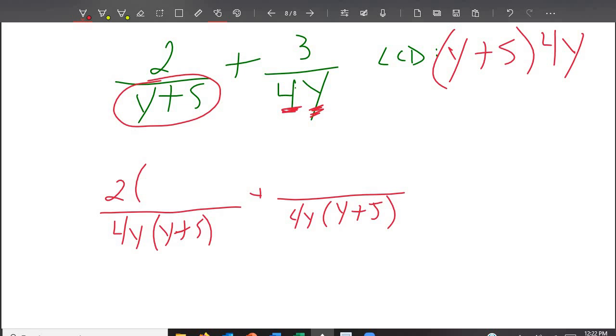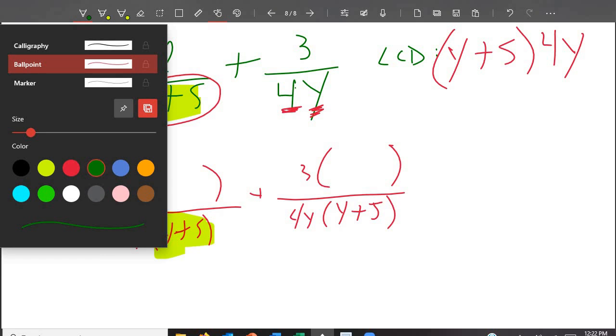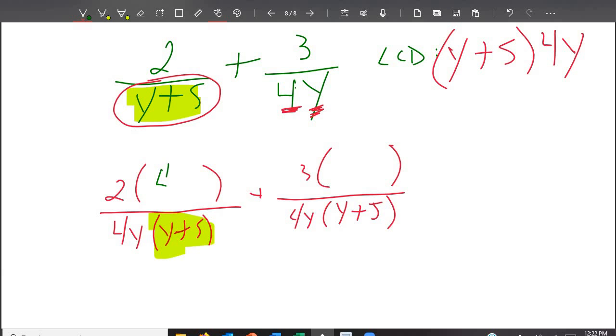And then we also have to change the tops. All right. Highlighter. This was the original. Since I didn't highlight the 4y, that's what has to go in the numerator. This one, the 4 and the y were the original.